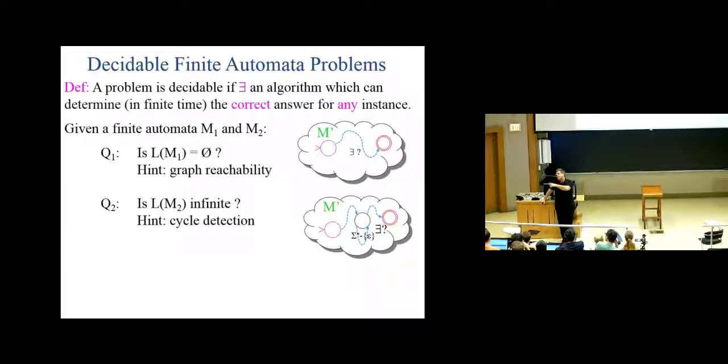But if you give it a second string, a third string, a fifth string, a Google string, it'll accept or reject each one of those. The question is, how many strings in sigma star, and sigma star is an infinite number of strings, will cause it to accept? Finite number or infinite number? That's the question. So it's a pretty deep question because there's an infinite number of possibilities. But this answers it in one fell swoop without testing them all out.